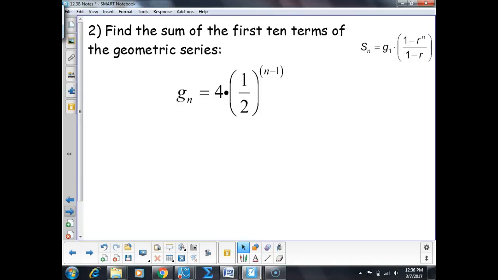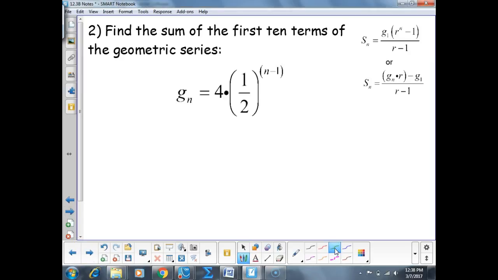Find the sum of the first 10 terms in that sequence. Spot check. What's n? 10. I'm looking for the sum of the first 10 terms. First term. 4.